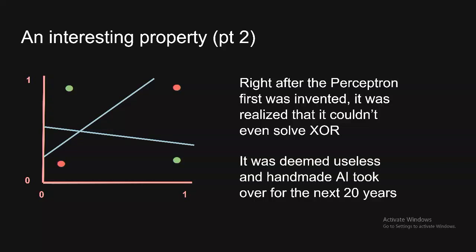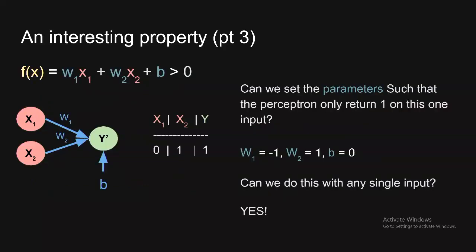Let's stop research on these perceptrons for 20 years and go back to hand designing AIs. The one who said that was a good idea was the US government. They shut down research on all perceptrons, this sort of AI that we're doing right now. So that's fun. But this isn't going to be the end of the story for us.